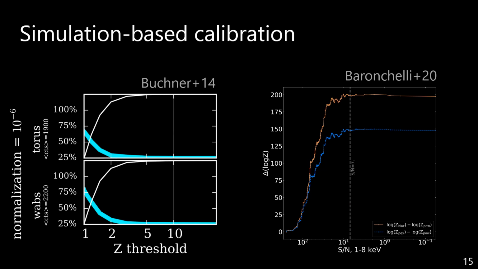And then in the right panel, we've got a plot from Baroncelli et al. in 2020, where they use simulations to effectively show that the Bayes factors don't tell you an awful lot when the signal to noise of the data isn't above, for that particular Chandra data, a value of 7. So yeah, I would recommend checking out these papers if you wanted to find out more.